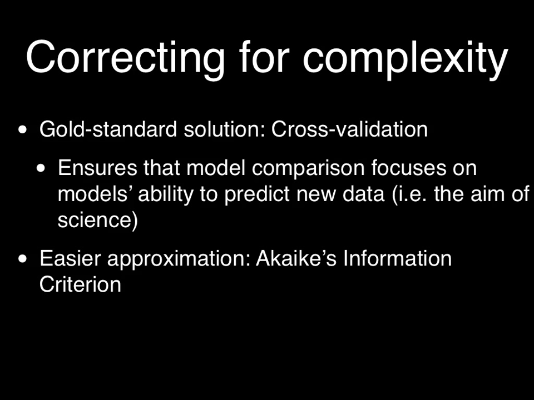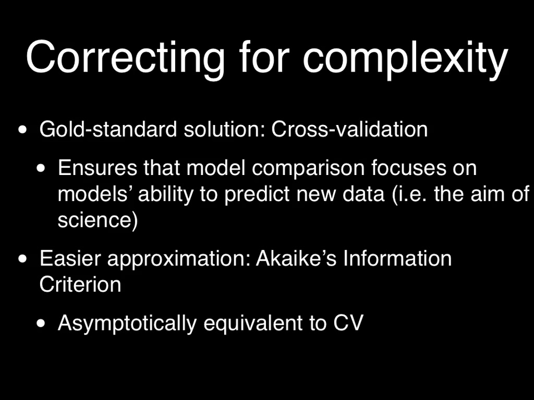So models with more parameters get more strongly penalized, and it turns out that it's asymptotically equivalent to cross-validation. There's some variability in that with small sample cases, but in general, it's a good approximation. If one truly had the time, you could just do cross-validation, but most of the time, we just use the AIC as an approximation of cross-validation.